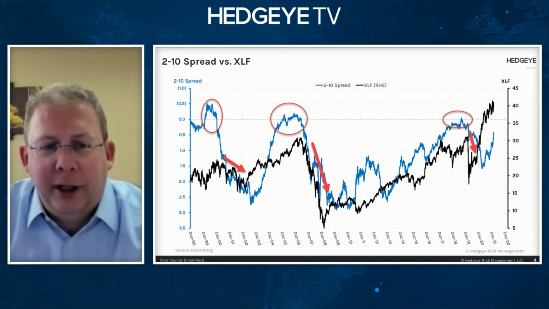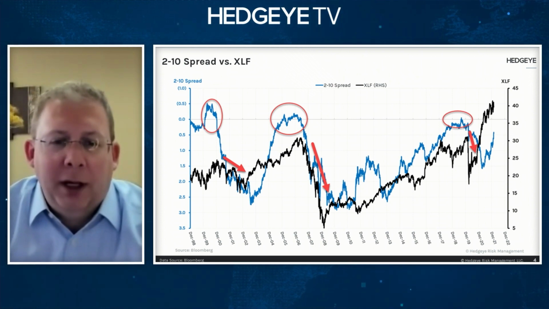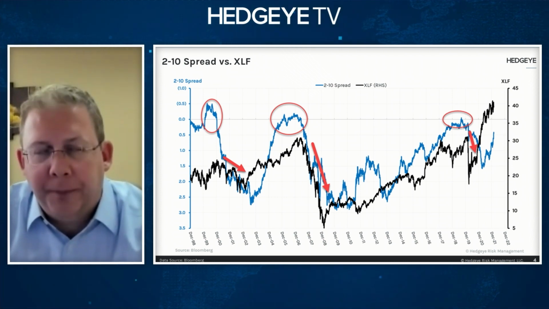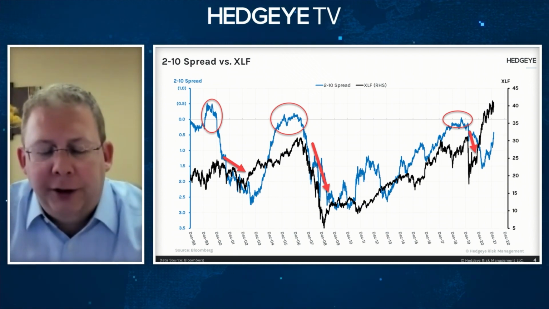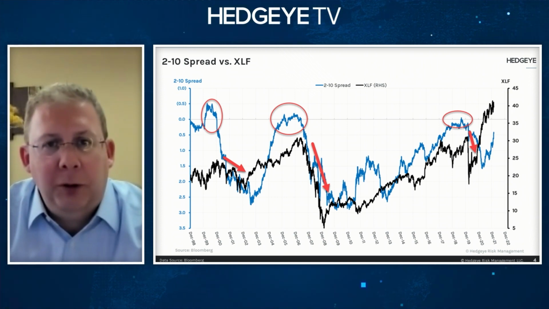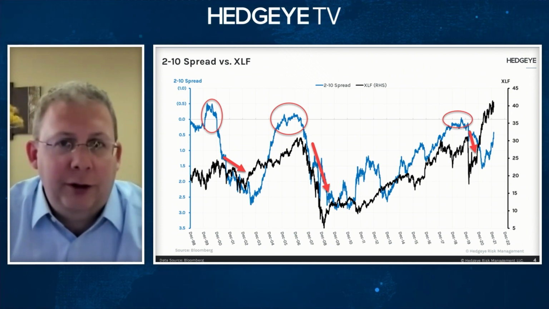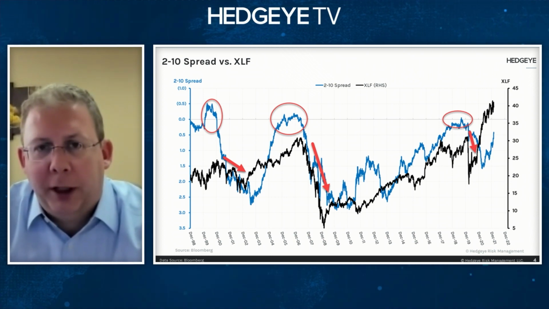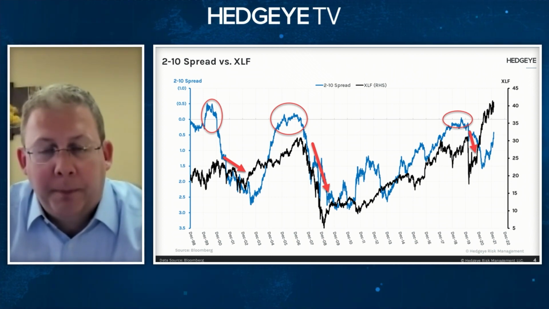The first thing to realize is what's happening with the yield curve. Take a step back and think about the 2 pieces of the yield curve, in this case the 2-year and the 10-year Treasury yield. The 2-year yield is a pretty good proxy for what the Fed is doing.